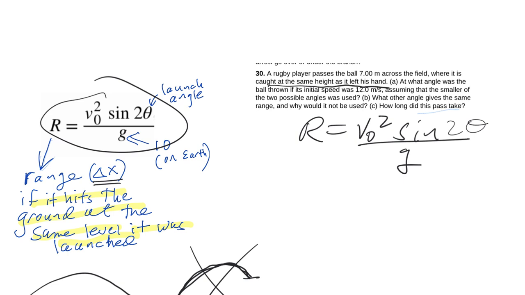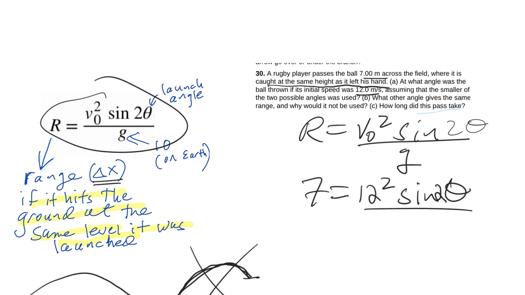Initial speed was 12. Okay, so the range is 7 meters, the initial speed is 12. I'm looking for the angle, 2 theta.